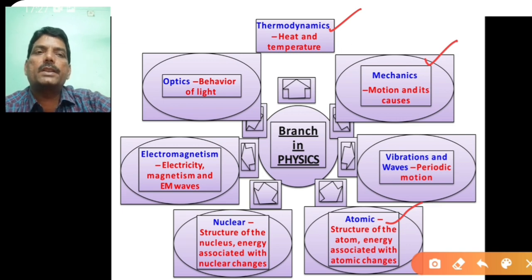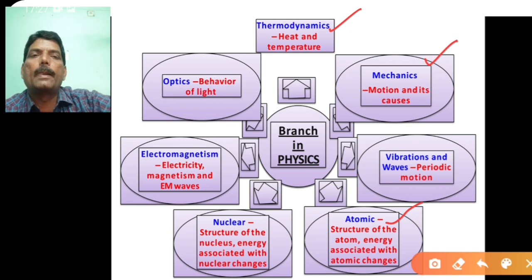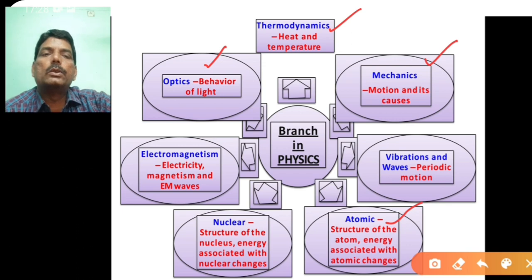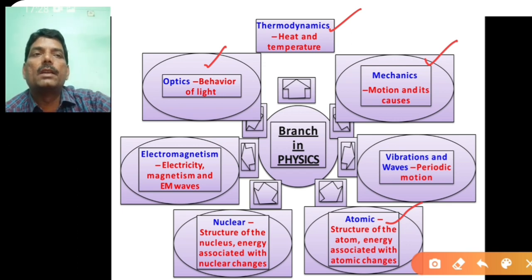Nuclear physics: the structure of nucleus, energy associated with nuclear changes, or the changes in nuclear reactions. Electromagnetism: electricity, magnetism and electromagnetic waves you will study in electromagnetism. Similarly, optics, the behavior of light. So these are all the branches in physics.